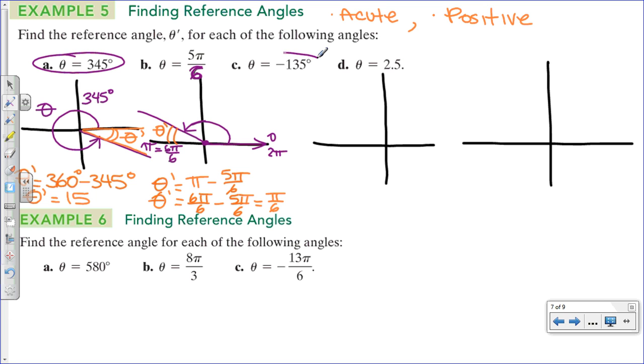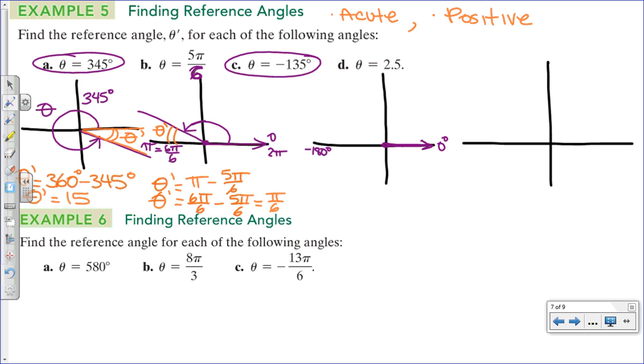Negative 135 right here. So this angle is in the negative direction. We start here, standard position on the positive x-axis, vertex at the origin, but now we go in the clockwise direction. Now it is negative 135, so we start here at 0 degrees, and this will be negative 180 if we go in the negative direction, clockwise.